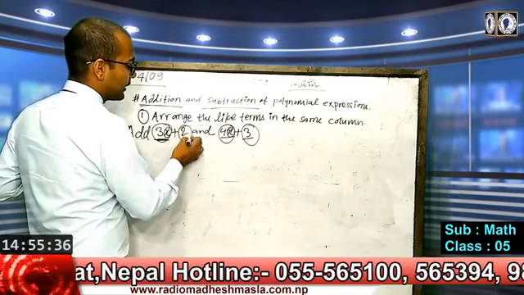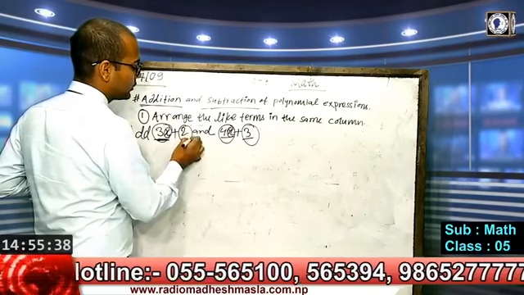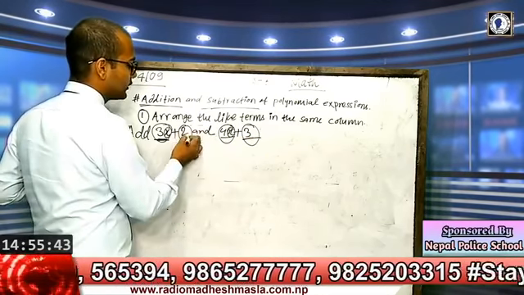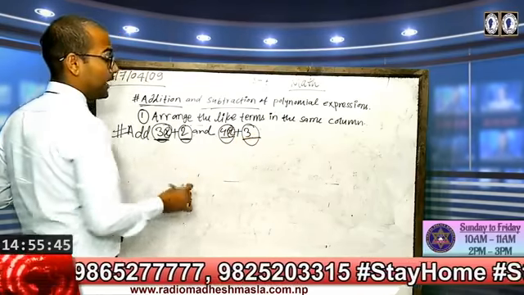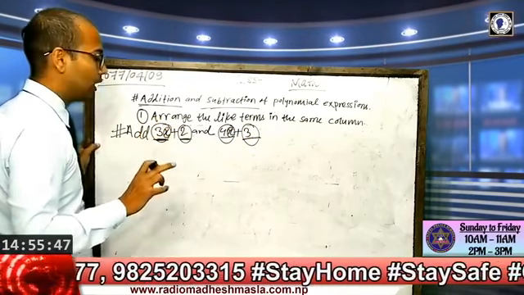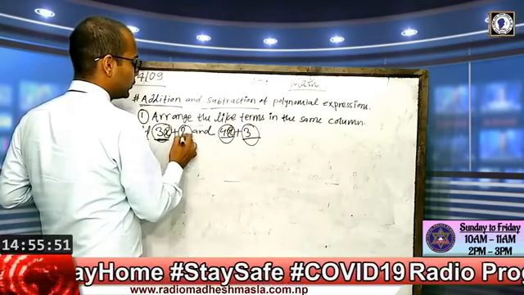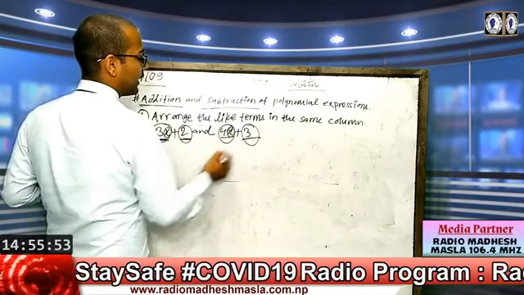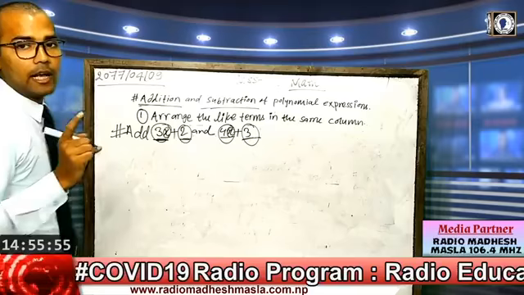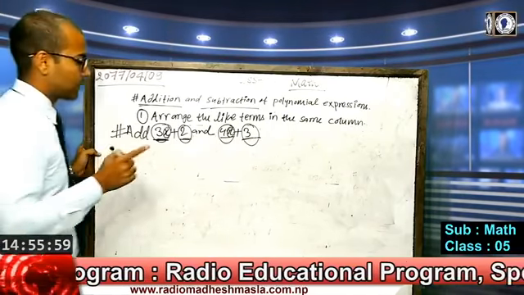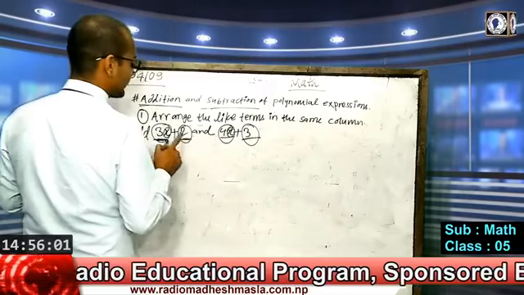Again we should arrange 2 and 3 in the same column, because 2 and 3 are not the same number but they are like terms, constant terms.